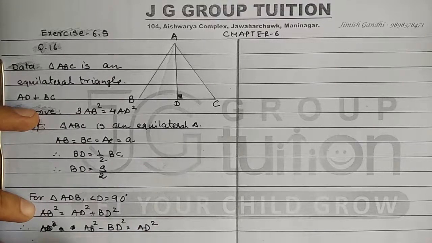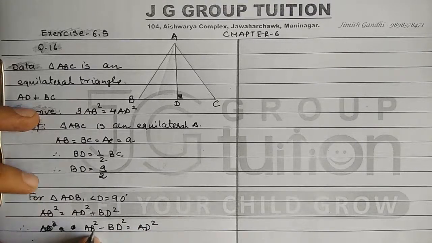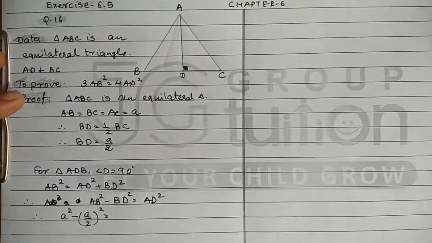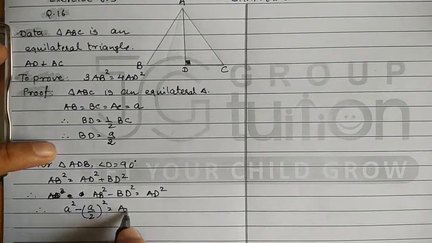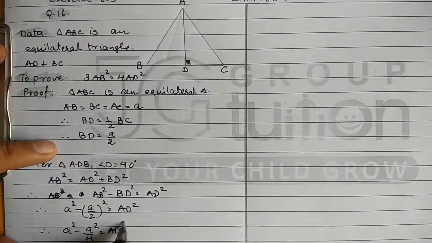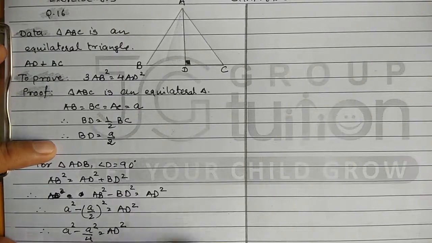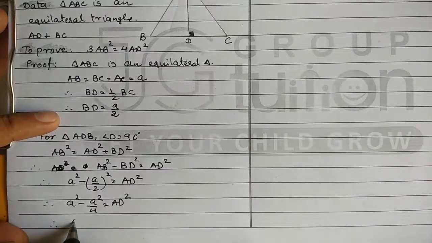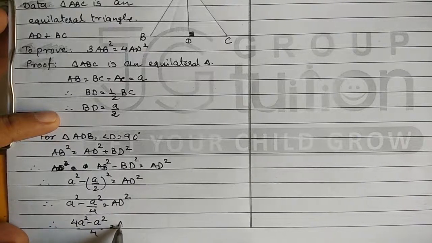Now I'll substitute the value of AB. The length of AB, that is A. The length of BD, that is A by 2 square, is AD square. I'll expand here. So it is A square minus A square upon 4 is equals to AD square. I'll take the LCM here. So it is 4A square minus A square upon 4 is equals to AD square.